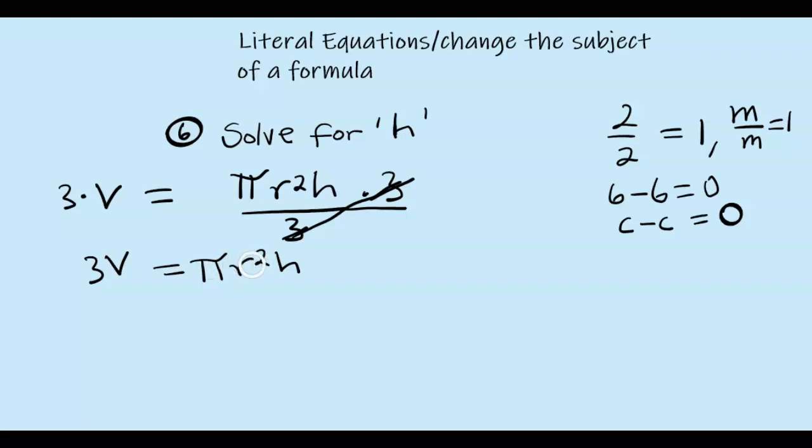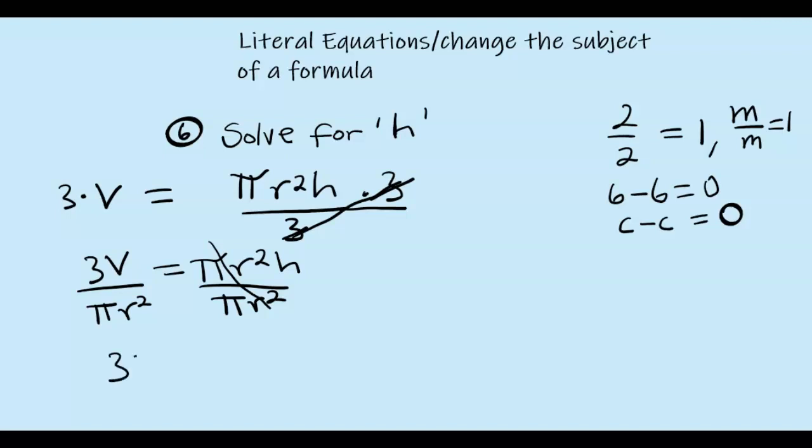Now next is for us to get rid of this. So we will divide here by pi r squared. They are all together, so we get all of them at once. So pi r squared, and we have the same number at the numerator and denominator, so they turn into 1. So that goes away.